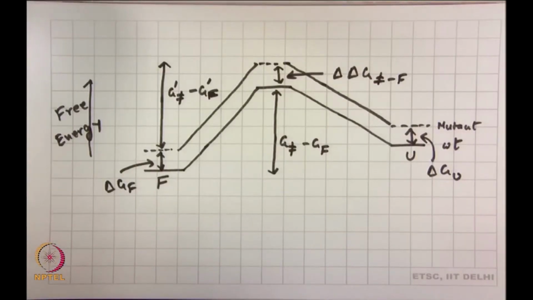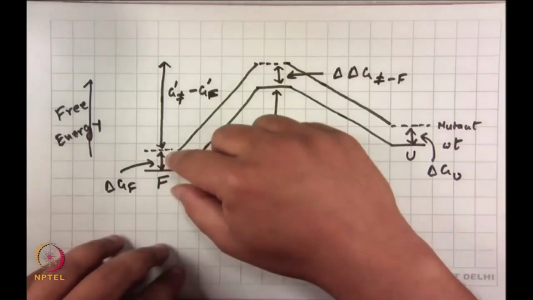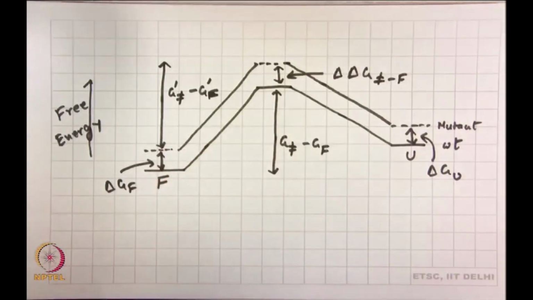So, the idea of this figure is to portray to you these things. What are the thermodynamic parameters that are involved in this actual transition? If the mutant is changing my folded and unfolded state, then the change for the folded state would be given by delta Gf.